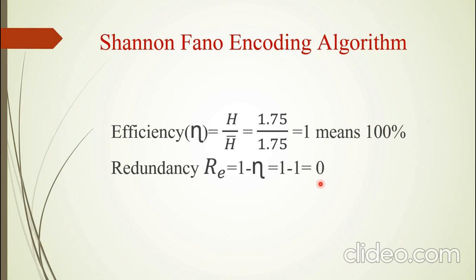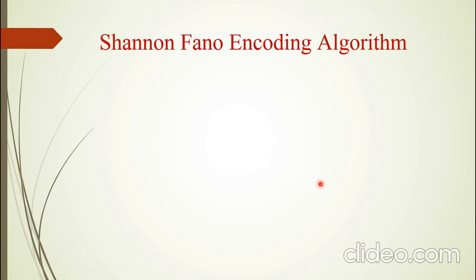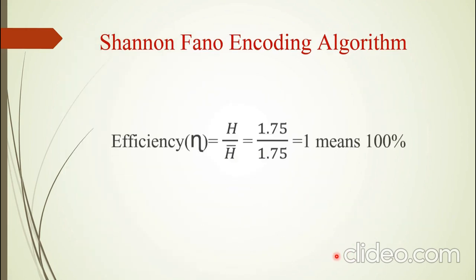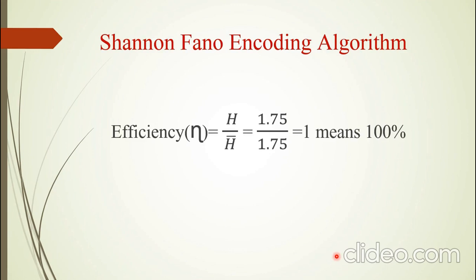So at first you have to calculate the entropy, which is H, and its value here is 1.75. And now calculate H bar, which is 1.75 also. So the value of H and H bar is the same. So the efficiency is eta equal to H by H bar.